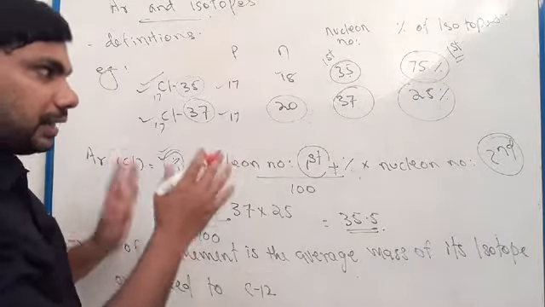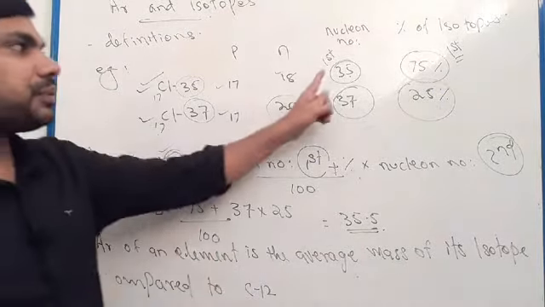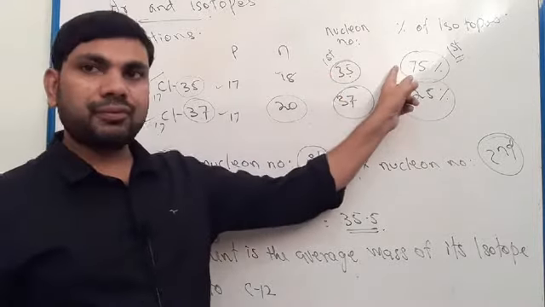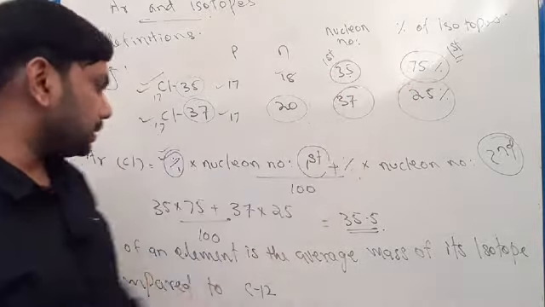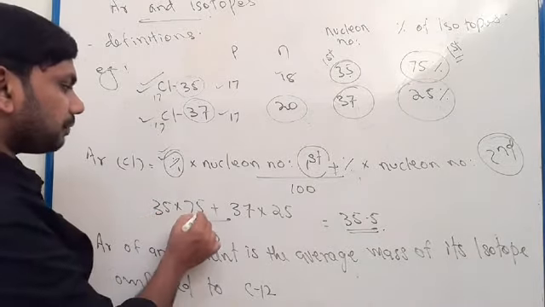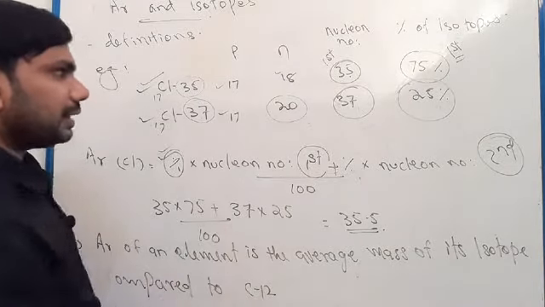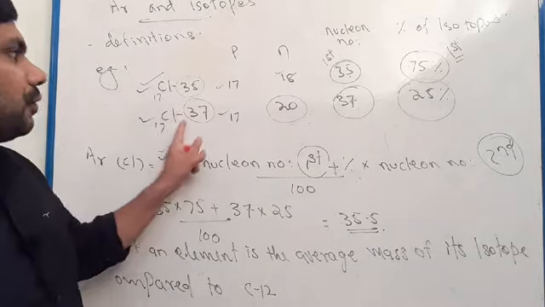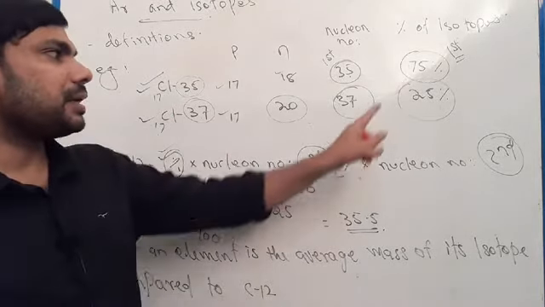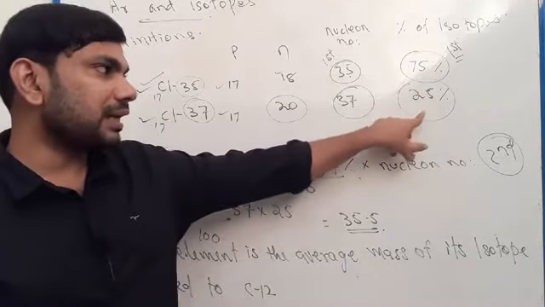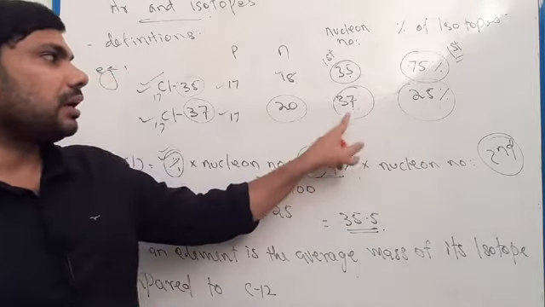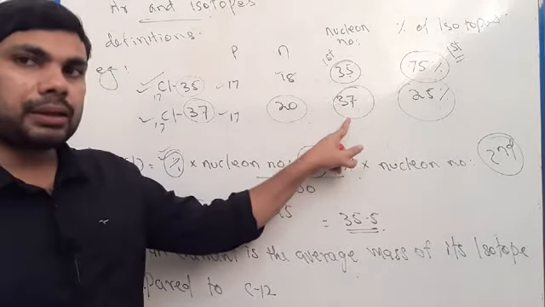According to the equation, you do 35 times 75, plus the same thing for the second isotope: the percentage of availability of the second isotope times its nucleon number. Clear?